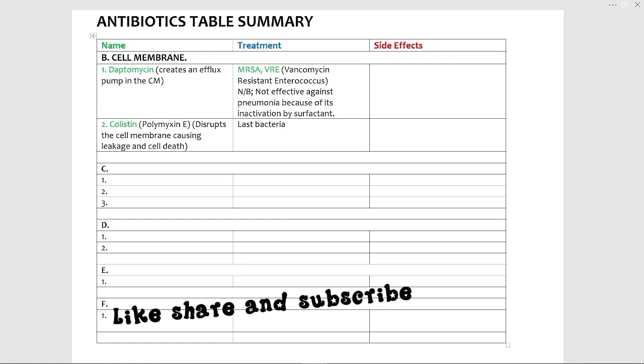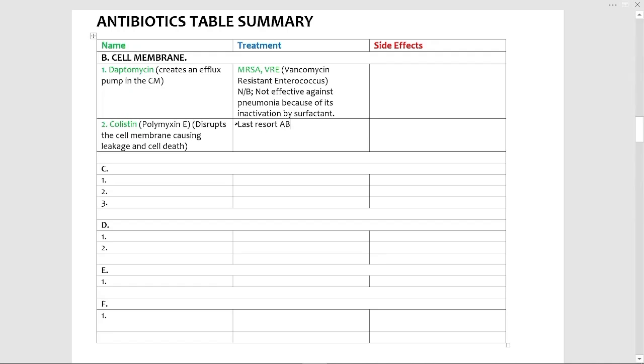So when other drugs are resistant, the last resort is always colistin. It's a very good drug. It's a last resort antibiotic, always the last solution when it comes to dealing with resistant bacteria.